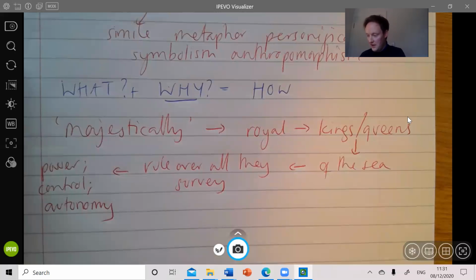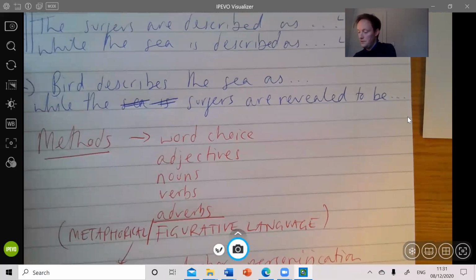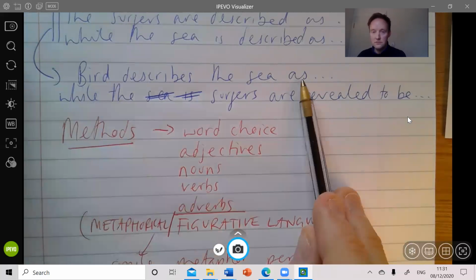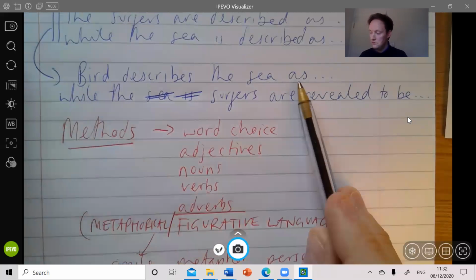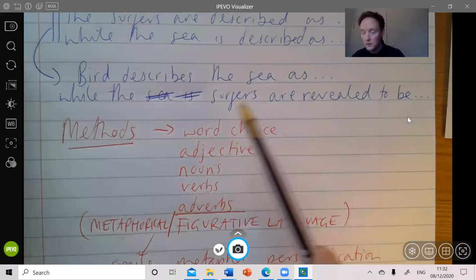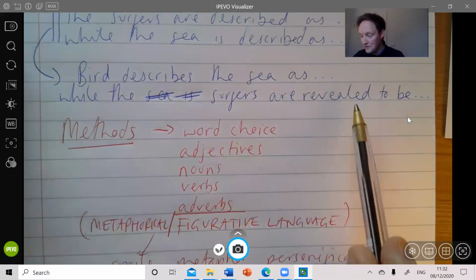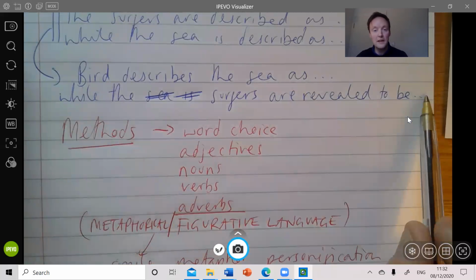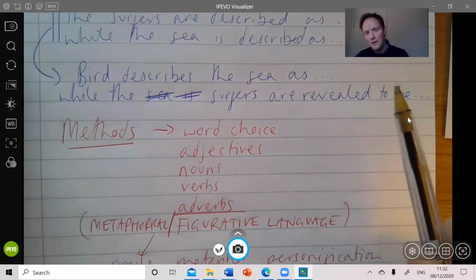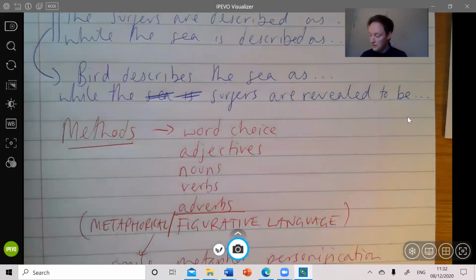So it becomes a bit like this. If I go back up to my introduction, Bird describes the sea as something, while the surfers are revealed to be. Now, I haven't done anything about the sea yet, but I've got an idea as to potential labels I can reveal about the surfers. They're awesome, they're powerful, well, at least based on this one word.